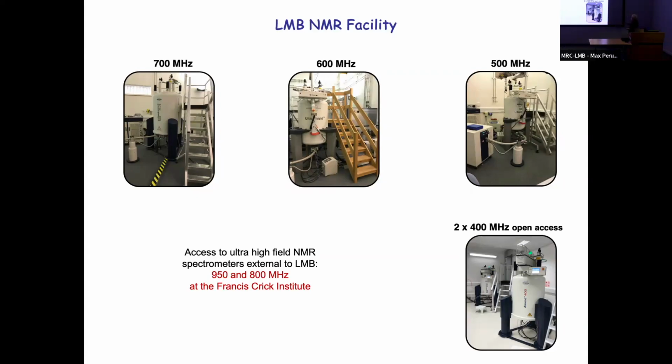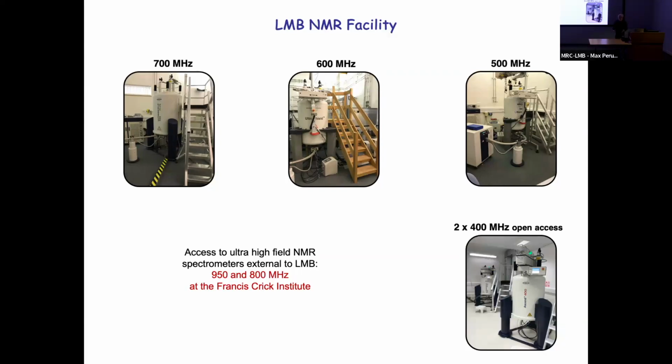We also have 2 routine instruments that support the organic chemistry efforts that are inside this building, and they're down on the ground floor in here. The model that we're changing to is that instead of having our own ultra-high field NMR equipment, it's very expensive and it takes up a huge amount of footprint of floor space.